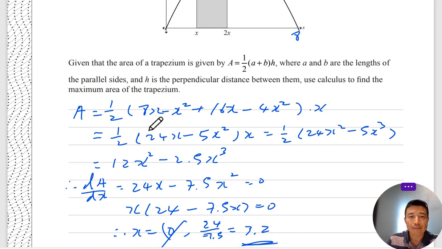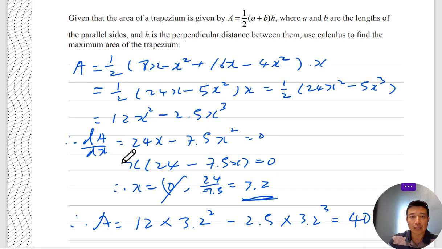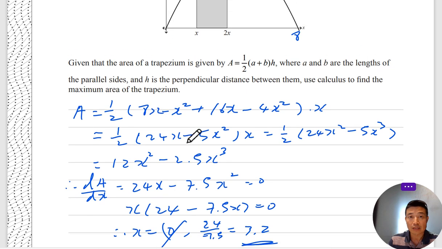And half, so that is a, I believe, and that is b, and times by the height, which is x. 2x take away x is x, right? And then you simplify and expand, you get that. And dA/dx, you have to differentiate to find maximum, isn't it?